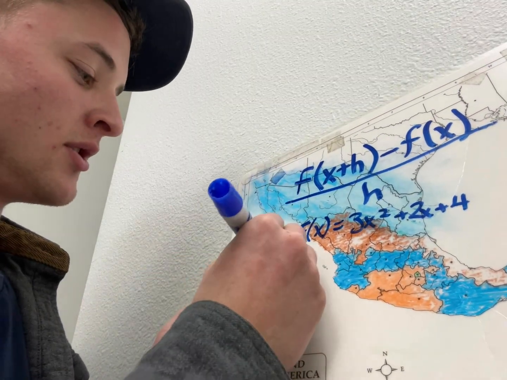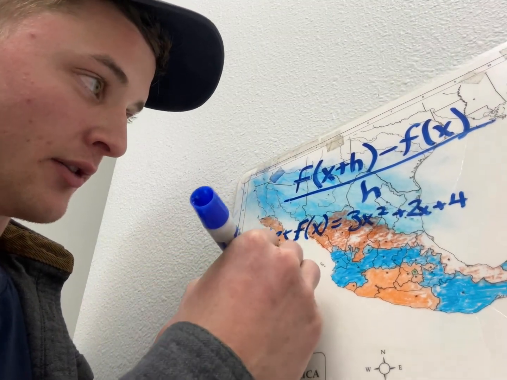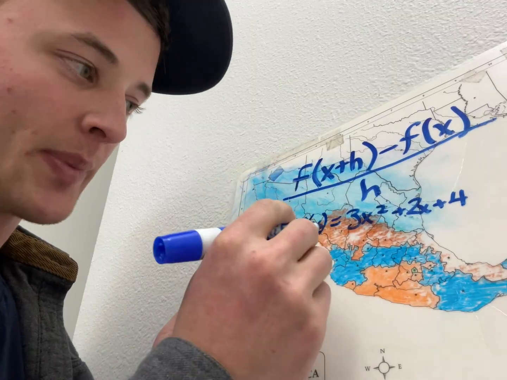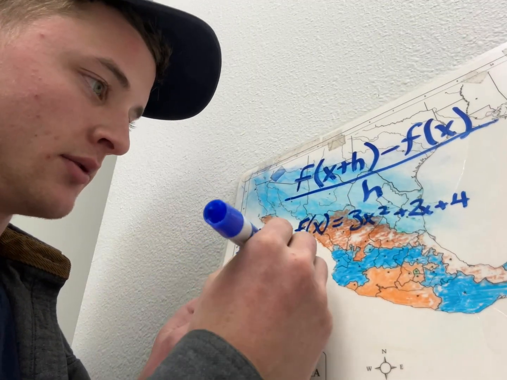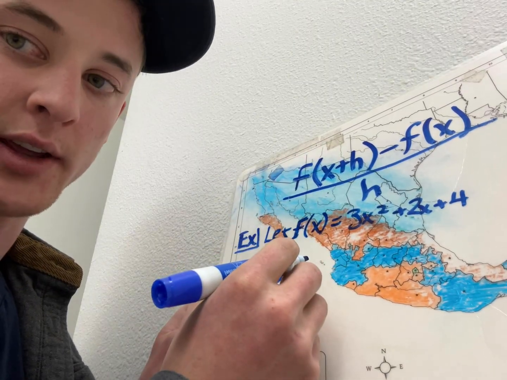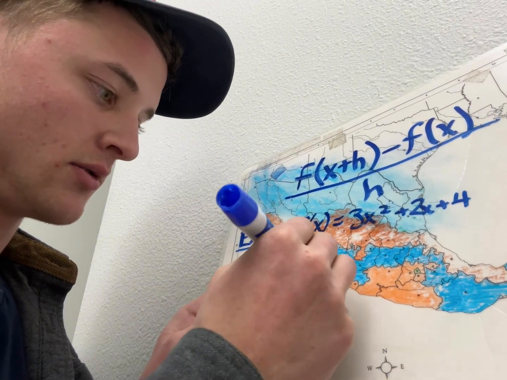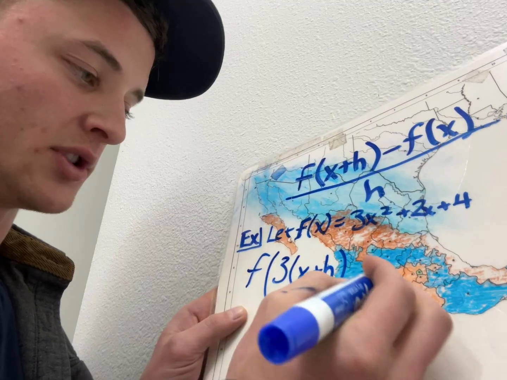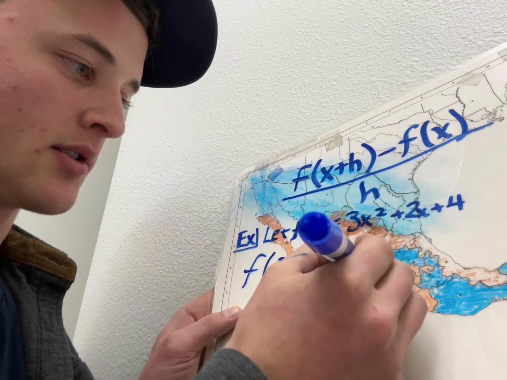So f of, here we're gonna plug in everything that's down here. 3, but instead of x, we're gonna put x plus h in there. Like so. And don't forget to square it.